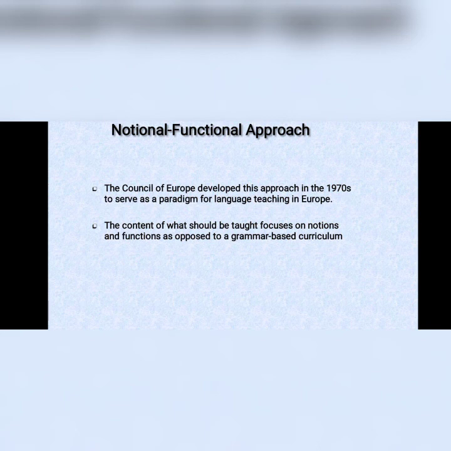The Council of Europe developed this approach in the 1970s, and it served as a paradigm for language teaching in Europe. In this model, the content of what should be taught focuses on notions and functions, as well as grammar, beside the curriculum. Notions are contact areas such as shopping, health, travel, personal identification, and so on.